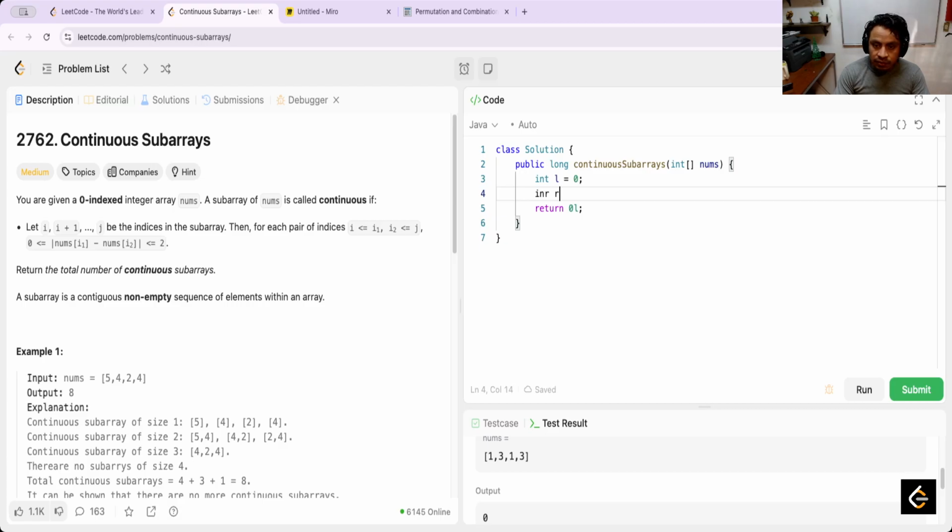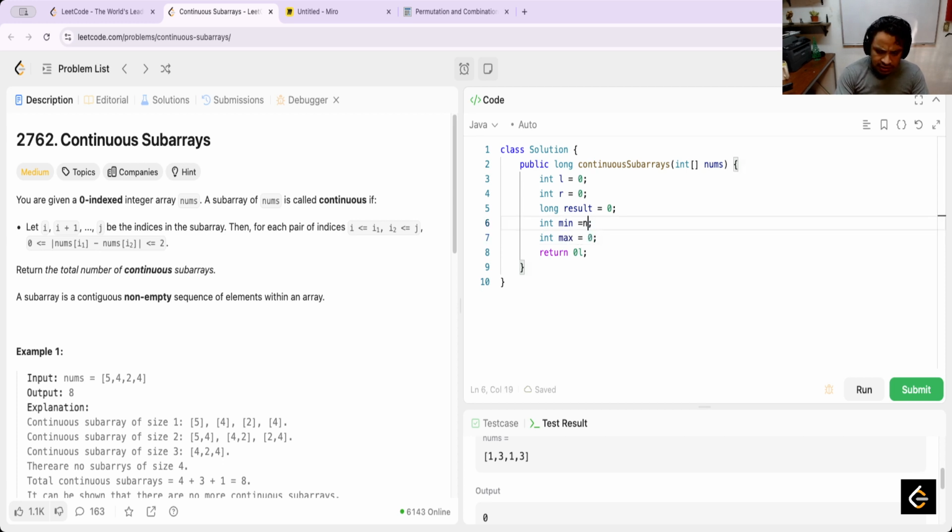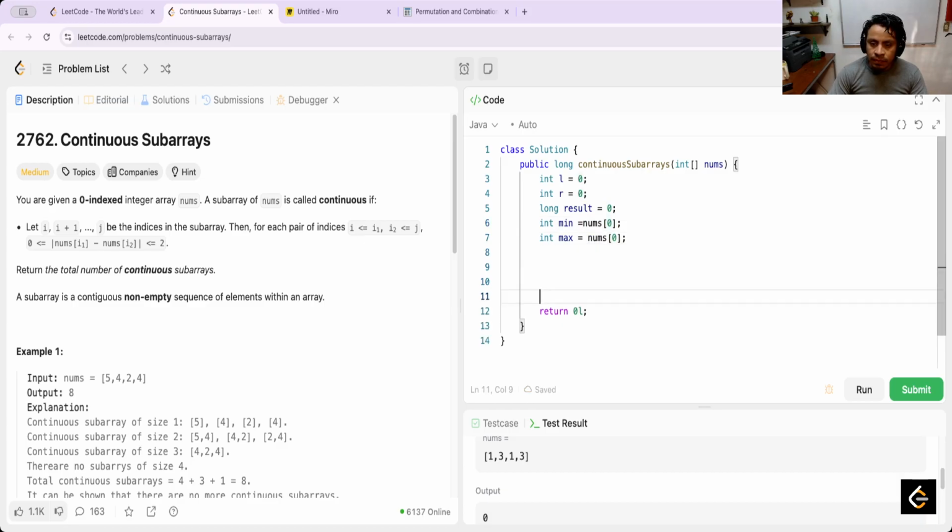Integer R is equal 0, and long result is equal 0, and integer min is equal 0, integer max is equal 0. No, even this is wrong. The min is in the index 0 and the max is the same. Yeah, here I need to return result.